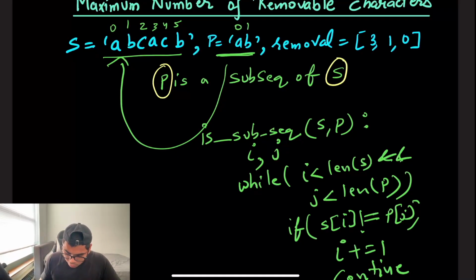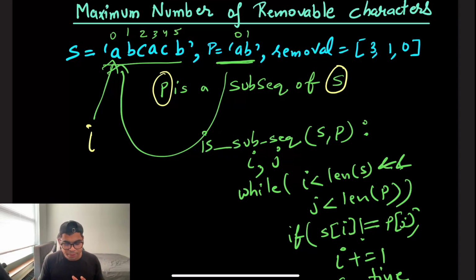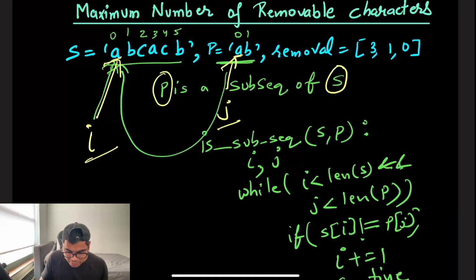So what I want to do here is I have my pointer i pointing at the beginning of s. This is all about how to check p is a subsequence of s, and we will utilize that. Then we have the j pointer pointing at p, and we are incrementing these pointers, and once they are equal you increment both of them, otherwise you keep incrementing just i.